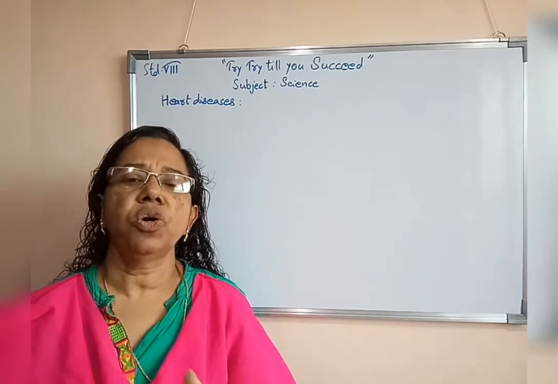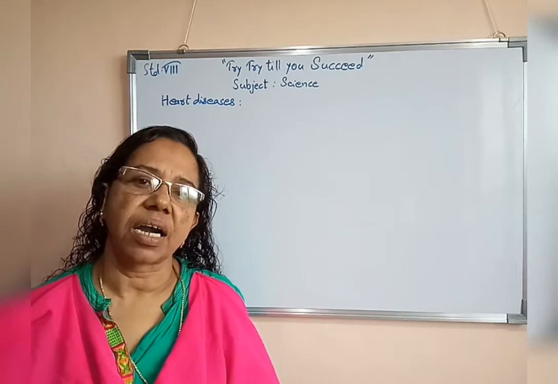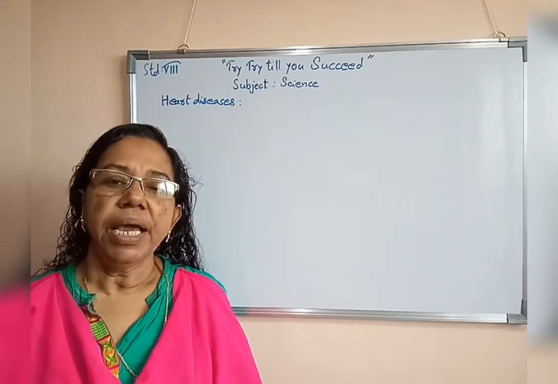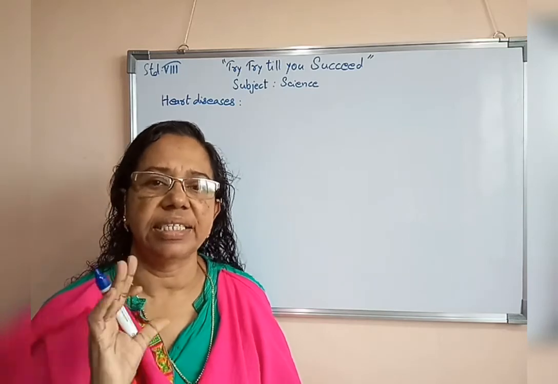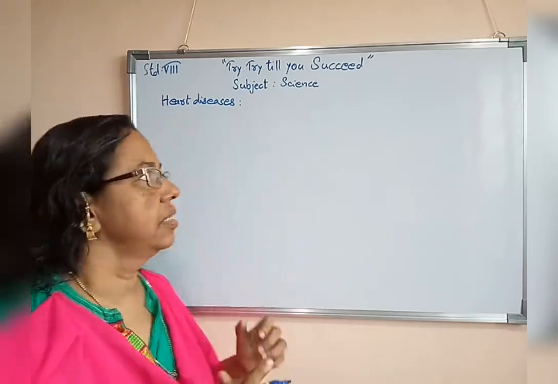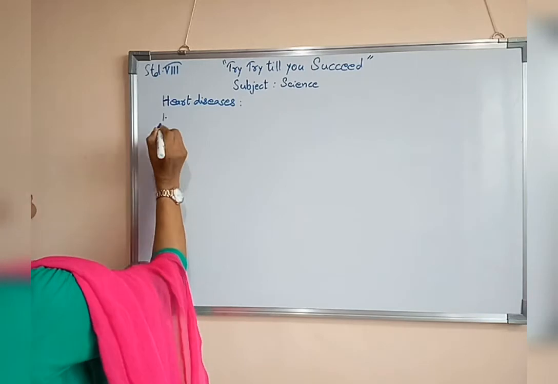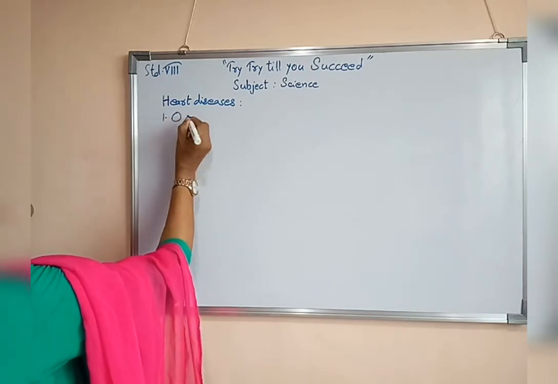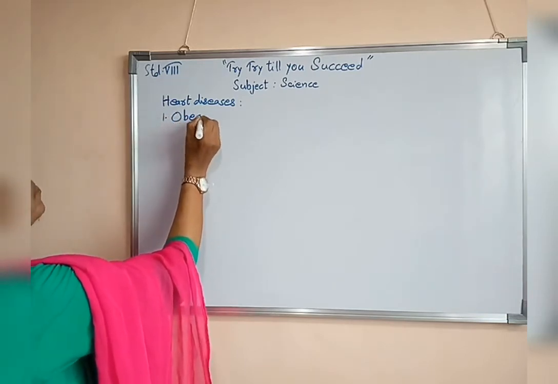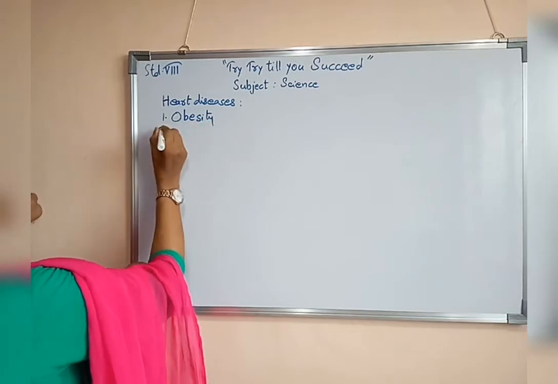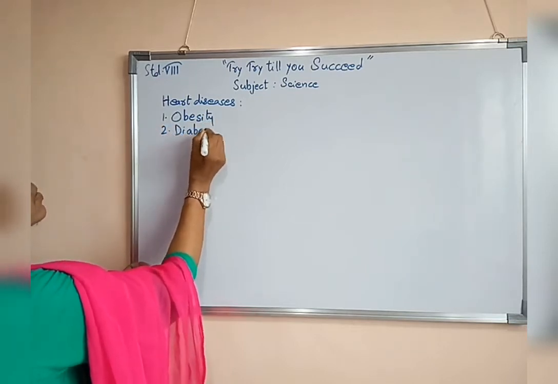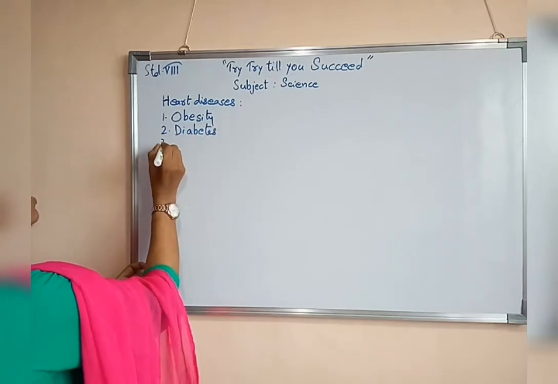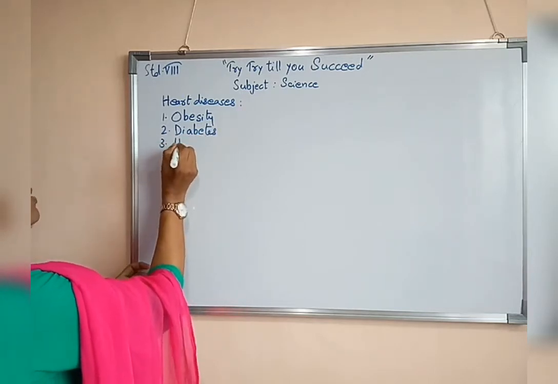The most common heart disease is heart attack. Now, what are the reasons for getting heart disease or heart attack? One reason I am saying is obesity. Second reason, diabetes. Third reason, high BP.